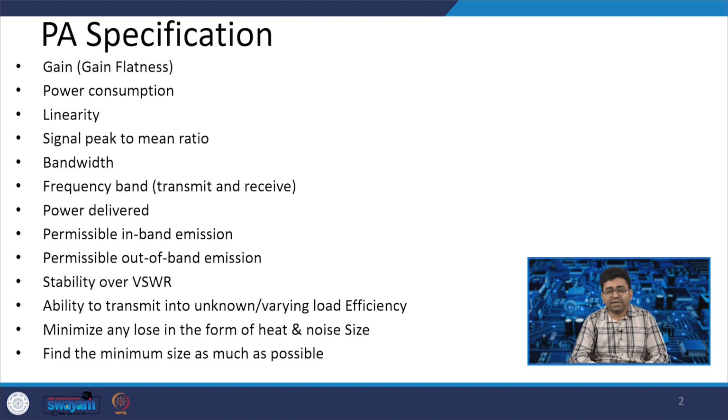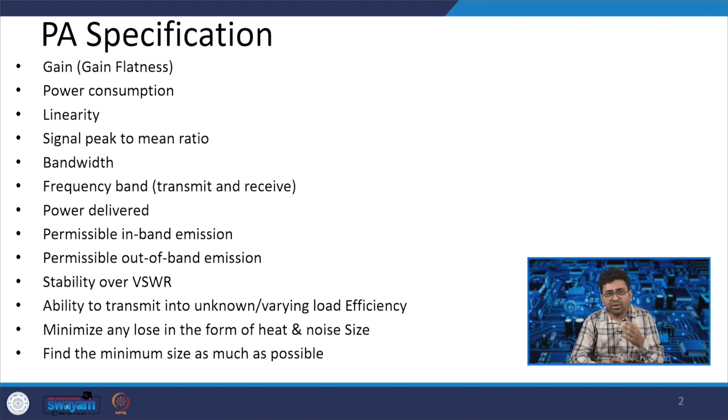Third is the linearity. As we discussed during the initial lectures, there are certain modulation schemes which involve amplitude modulation, and if we want to recover the transmitted signal then the power amplifier should be linear.